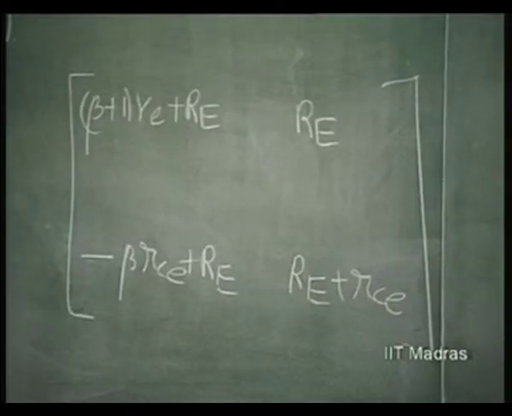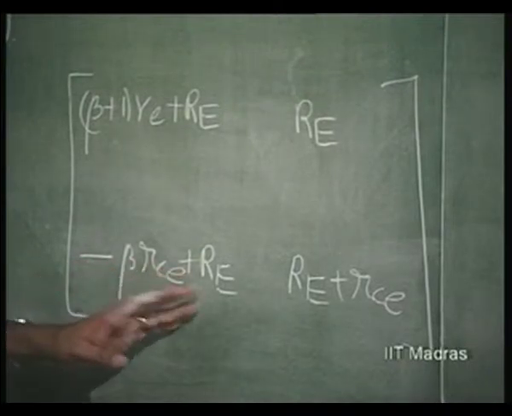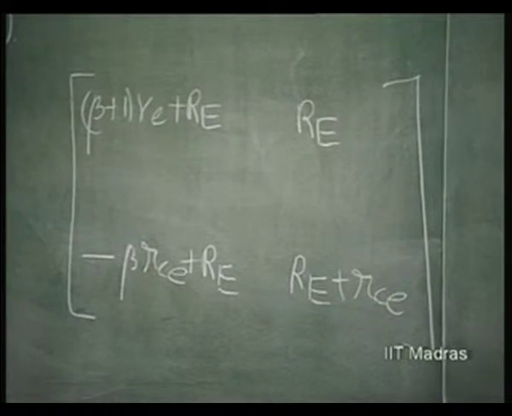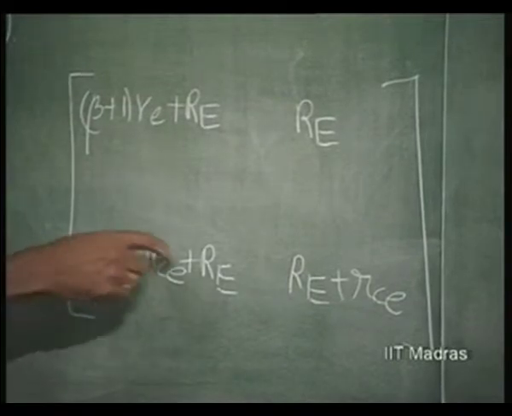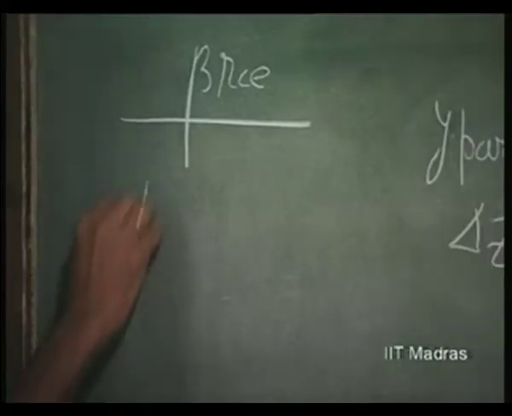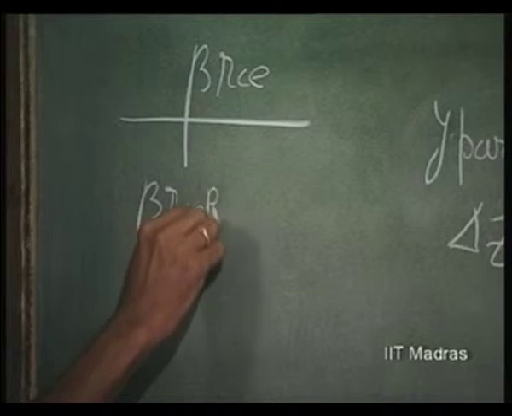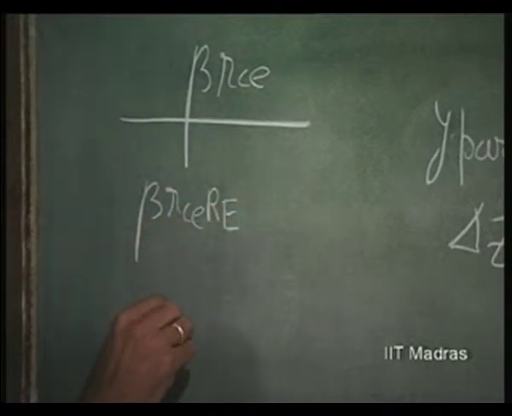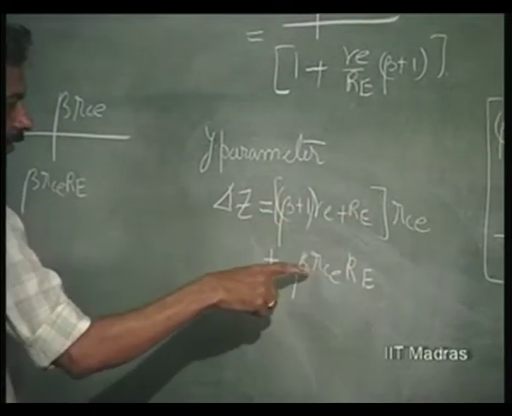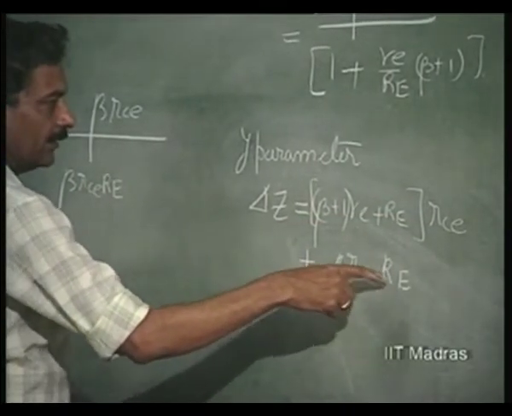So, let us now first find out the forward transfer admittance, which is going to be plus beta RCE divided by this, becomes plus beta RCE minus RE, that minus RE is neglected, divided by this factor which is beta RCE capital RE, okay, plus RCE into RE, that can be again ignored compared to beta RCE RE.